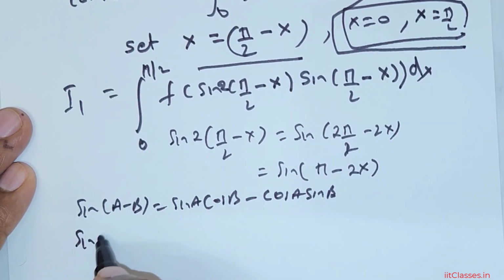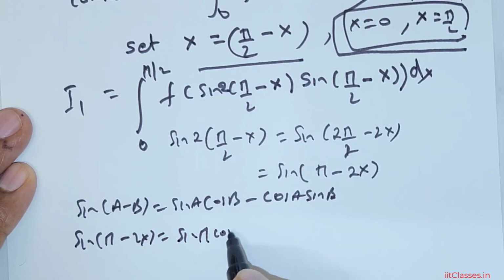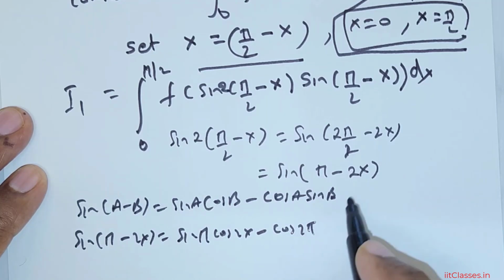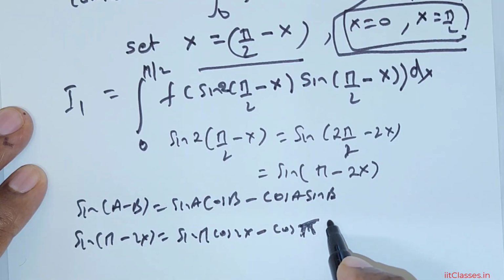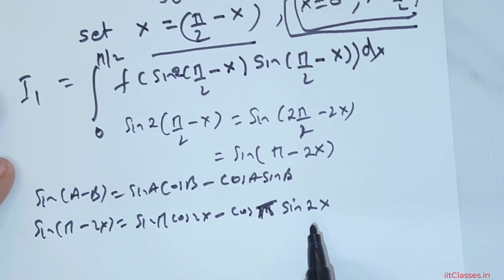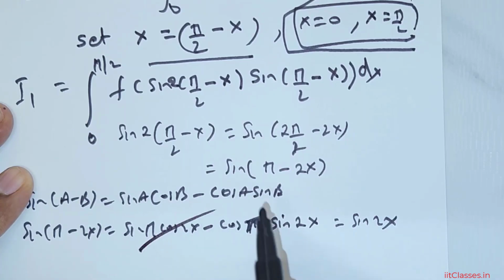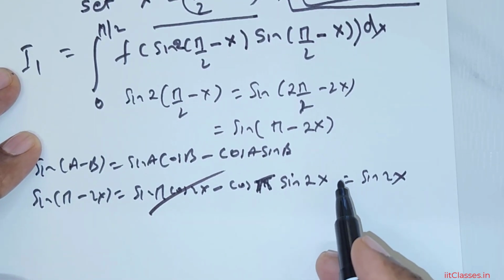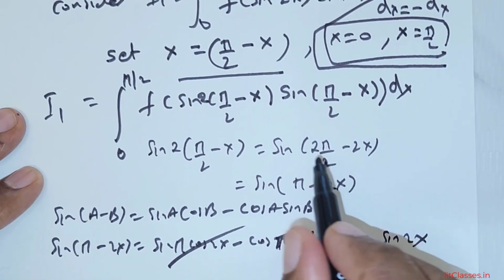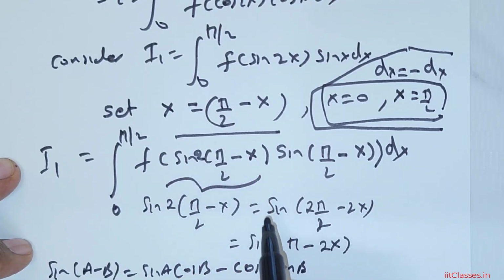So by this formula, sine of pi minus 2x is going to be sine pi cos 2x minus cos pi sine 2x. Now cos pi is negative 1, so this will produce sine 2x, so this goes off, right?